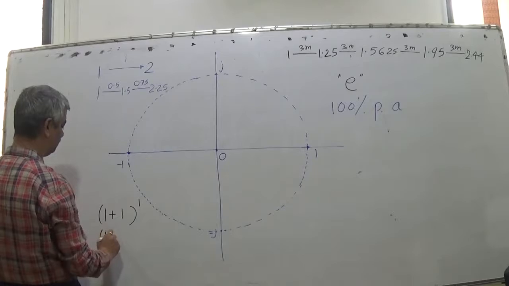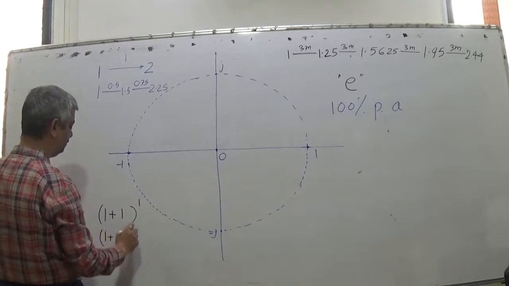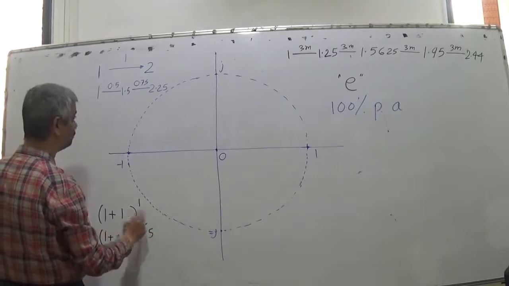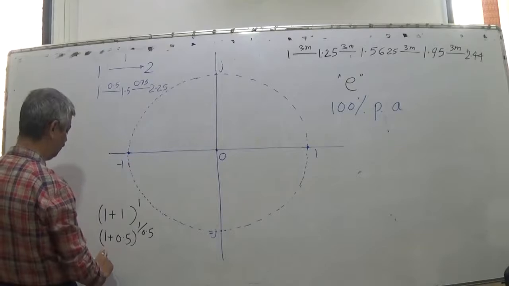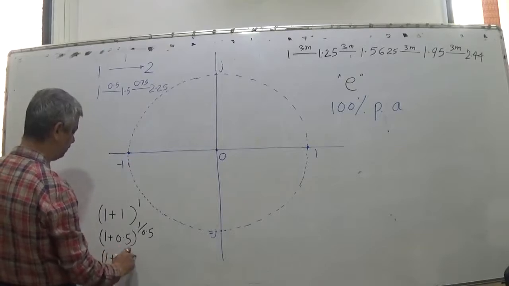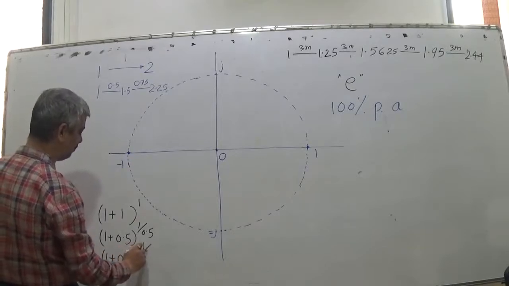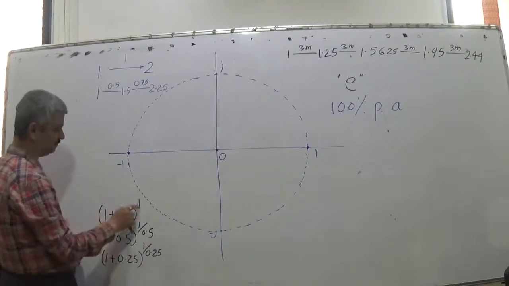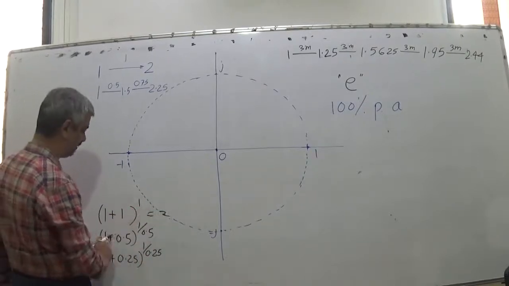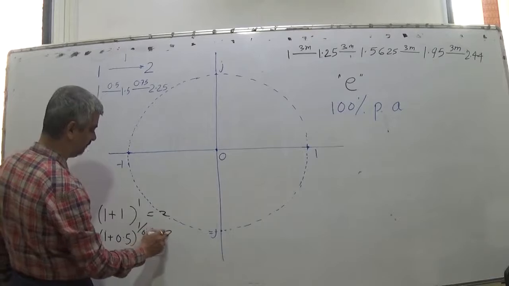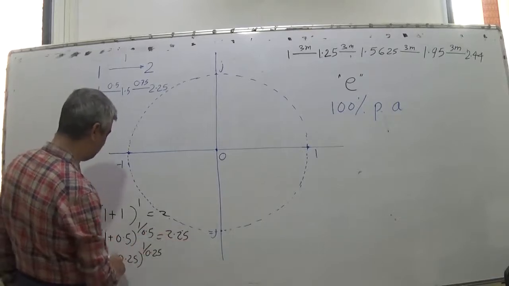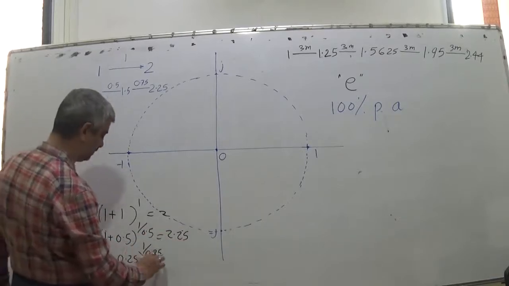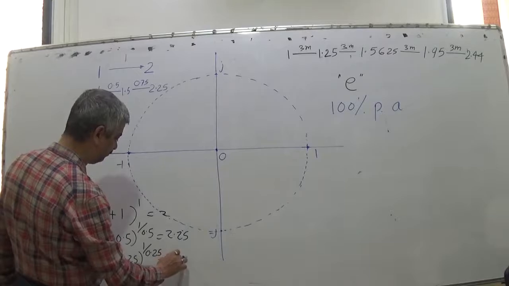Then 1 plus 0.5 raised to 1 upon 0.5 is 2.25. Then 1 plus 1 raised to 1 is 2, 1 plus 0.5 raised to 2 is 2.25, 1 plus 0.25 raised to 4 is 2.44.